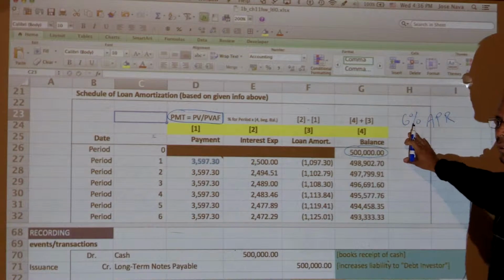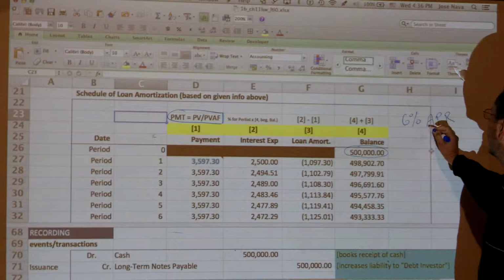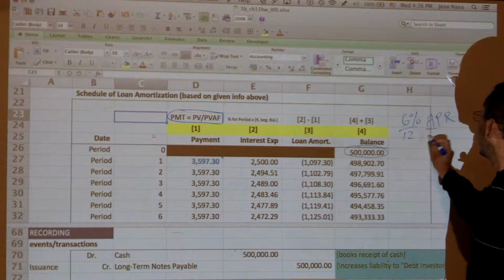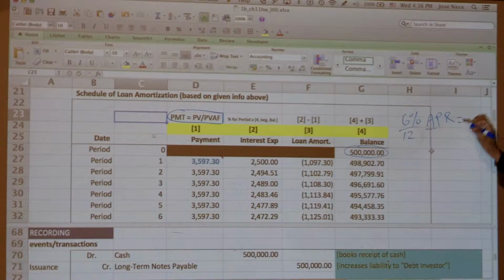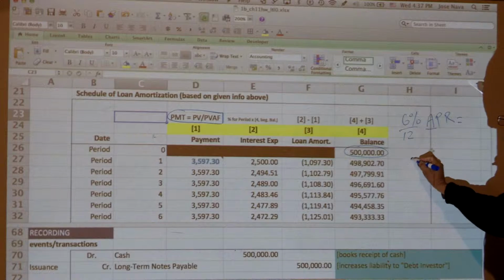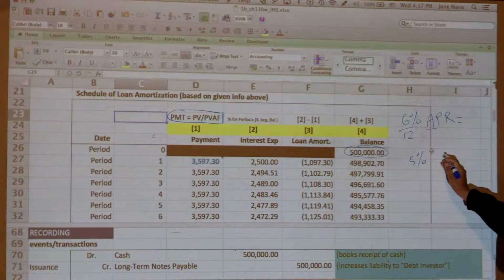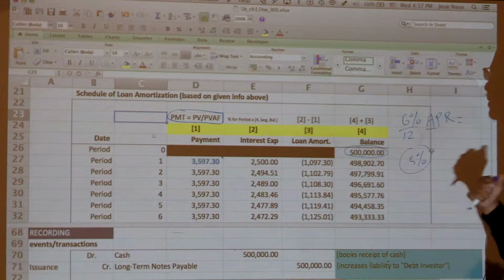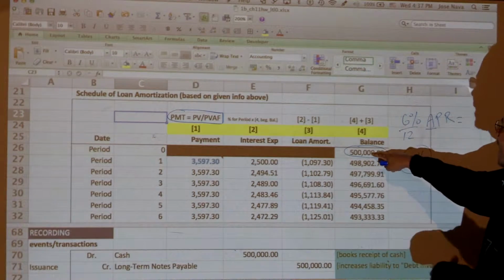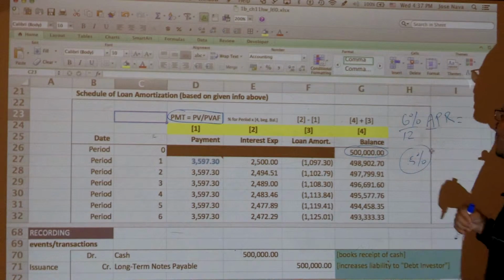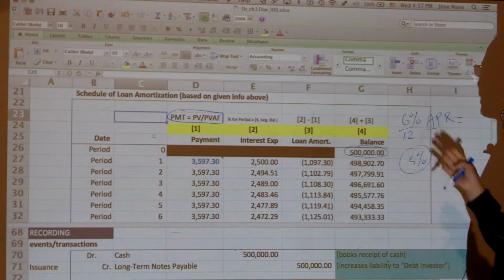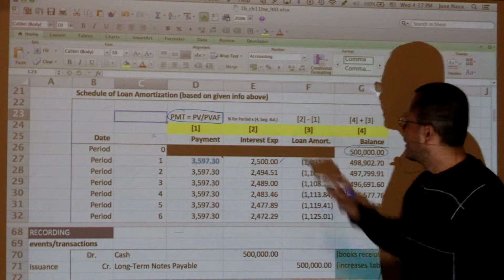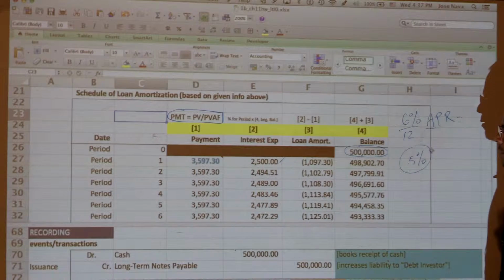Since we're talking about 12 months for the year, and this being a yearly rate, 6% divided by 12 months would mean that on a monthly basis, we are talking about 0.5%. So if you multiply 0.5% times the ending balance from the prior period, which would be the beginning balance for the loan, you would get this amount, $2,500.